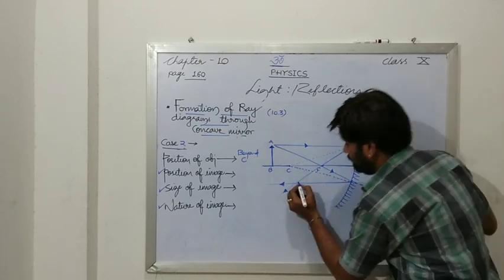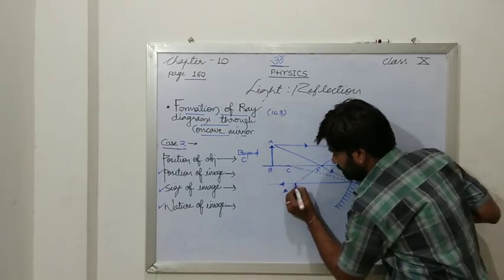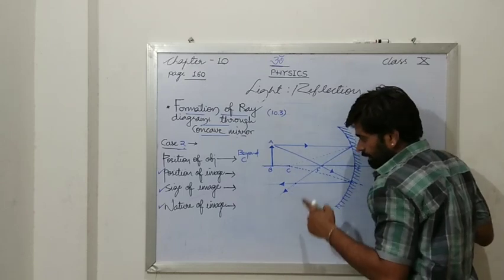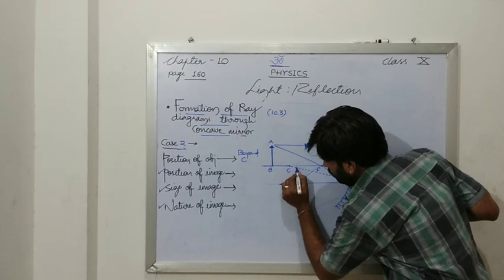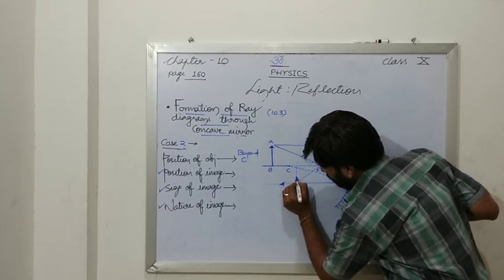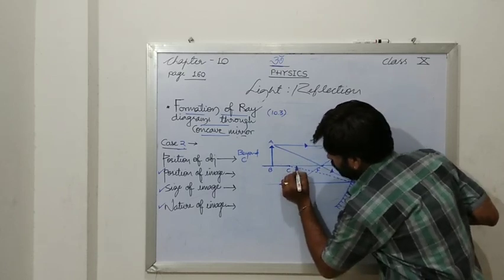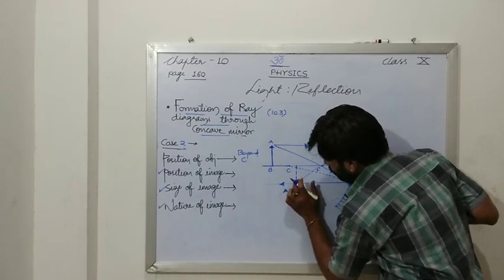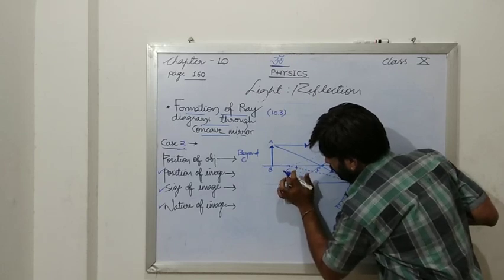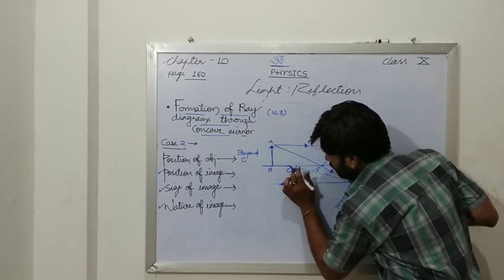Now we are seeing that this is going to be the point of intersection of two reflected rays. So we will match this with the principal axis. When we draw a dash line, see why dash line: because we have to distinguish between object and image, so I am giving the dash line for the image.